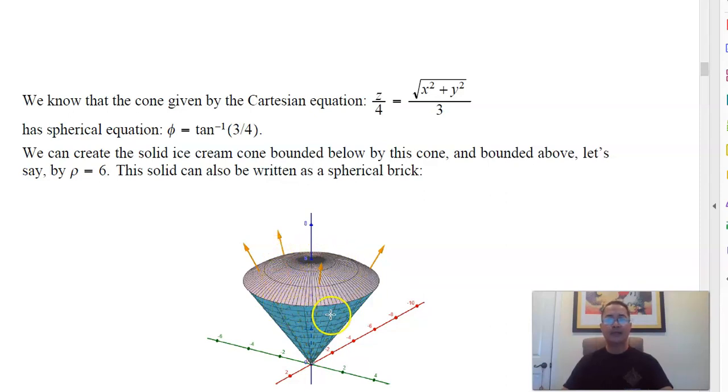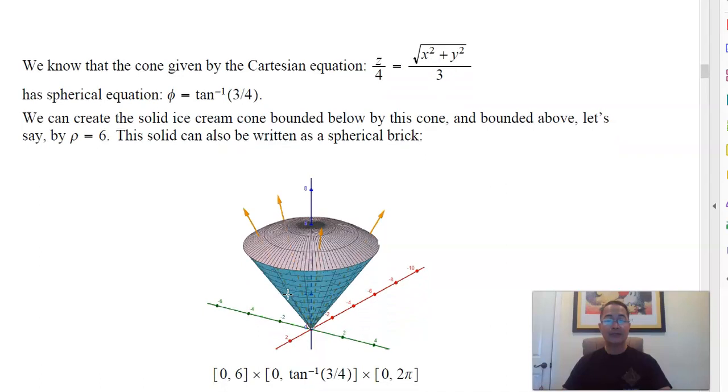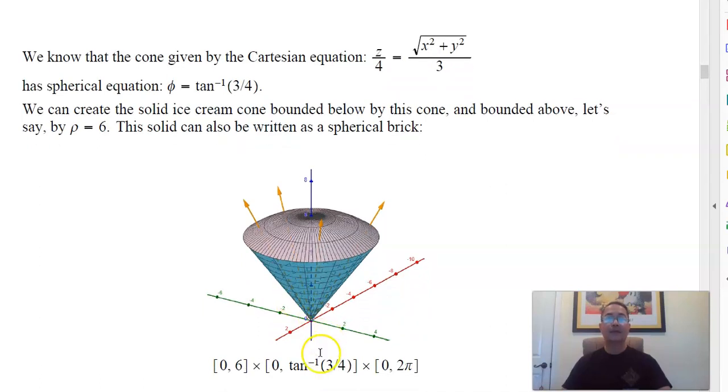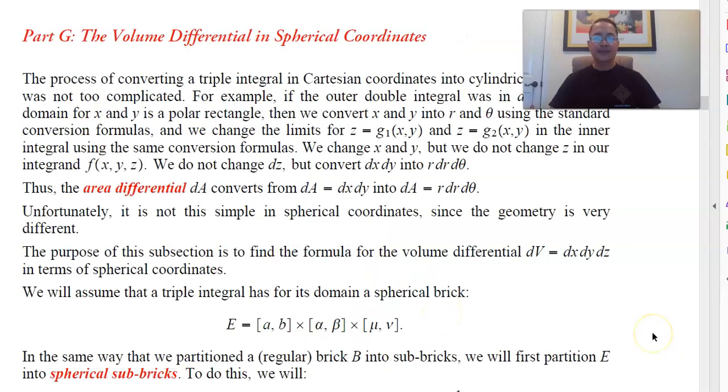Yeah. You can go from theta equals 0 all the way around until you get back where you started, 2 pi. I'm going to scroll a little more. There we go. So that is our spherical brick. Rho from 0 to 6, phi from 0 to inverse tangent 3/4, theta going from 0 all around to 2 pi. That's your spherical scan test.